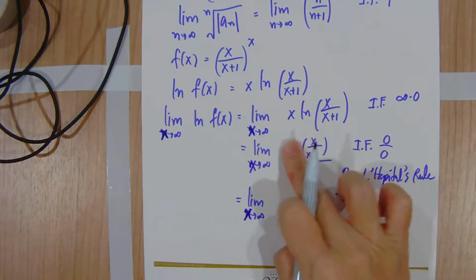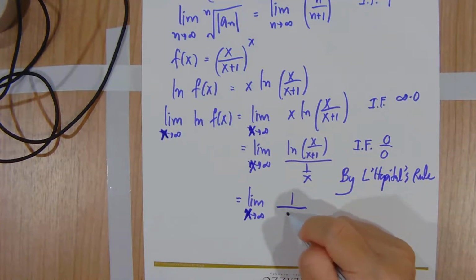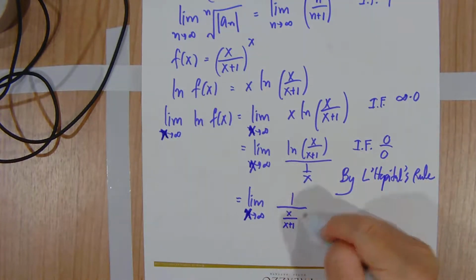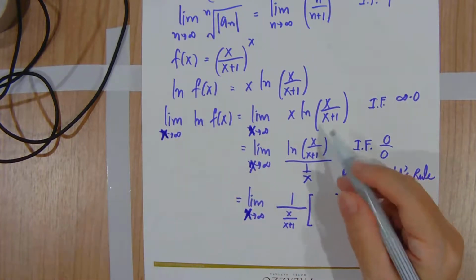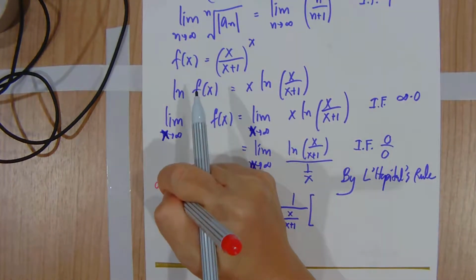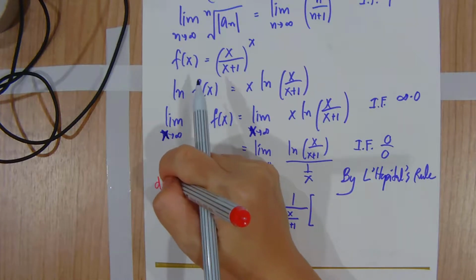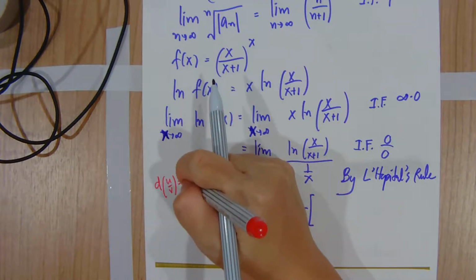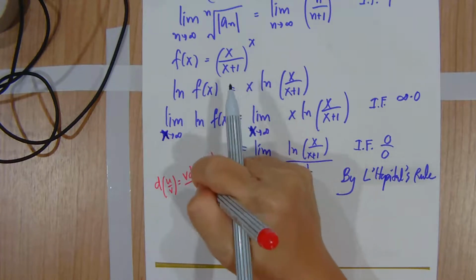You have to find the derivative: 1 over this term, times the derivative inside, which needs the quotient rule. Can you remember? The derivative of u over v is v du minus u dv, over v squared.